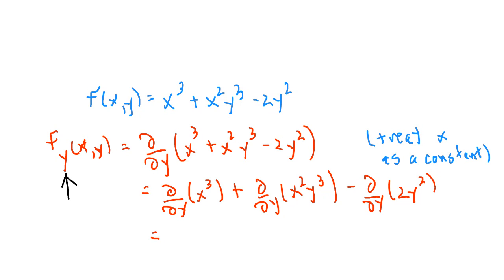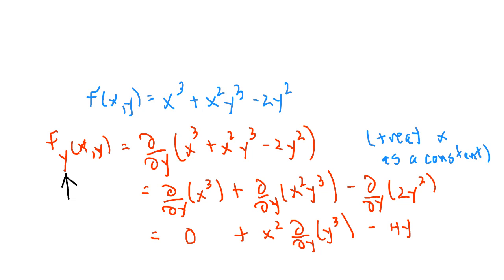So that means that the partial derivative of x cubed with respect to y is 0. Because if x is a constant, x cubed is a constant. So you get 0. And then for the second part here, we can bring out the x squared, because that's a constant. And then this is just 4y.